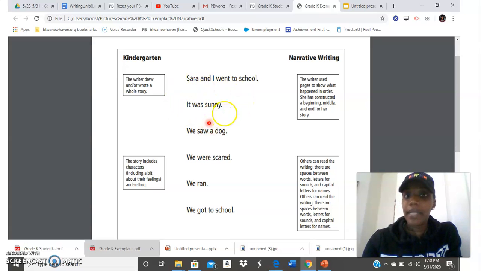So they described the time of the day. "We saw a dog," another character. "We were scared," expressing an emotion. That's also important, right? Showing some emotion in your narratives. "We ran. We got to the school." Okay? This is just an example of how you can write your narrative piece.